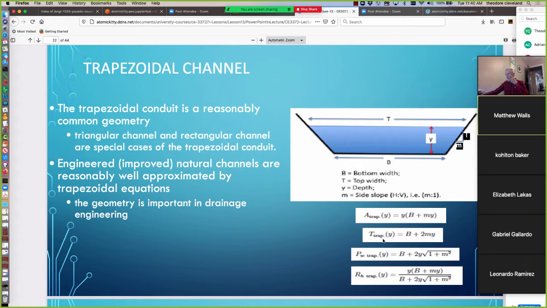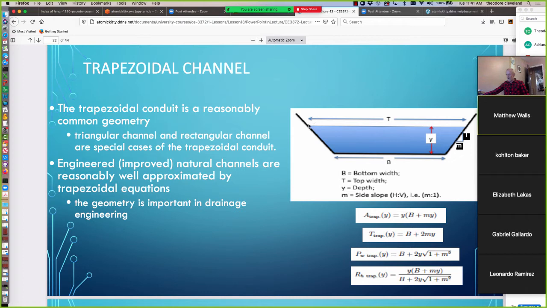The top width in this case is b plus 2 times my, where m is the run for each rise along the side slope. The wetted perimeter is b plus 2y times the square root of 1 plus m squared.